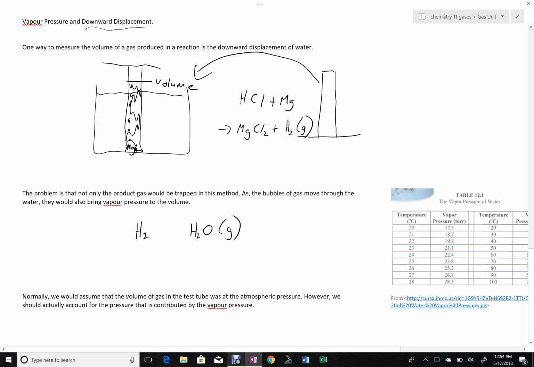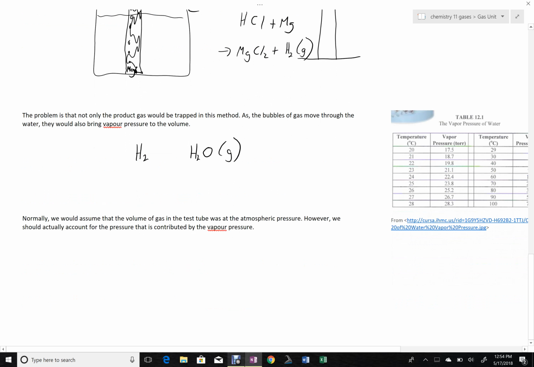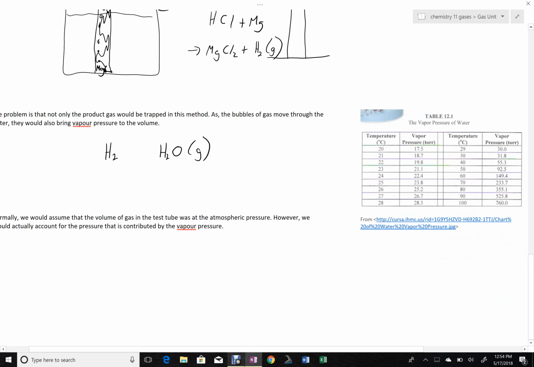So we might assume that since this is pushing this out of the way, that this is at air pressure, or 101 kilopascals, if we're assuming a normal average atmospheric pressure. But the problem is that 101 kilopascals doesn't actually apply to just the hydrogen gas. That's the total pressure of the two gases that are in that. So we have to account for the vapor pressure.